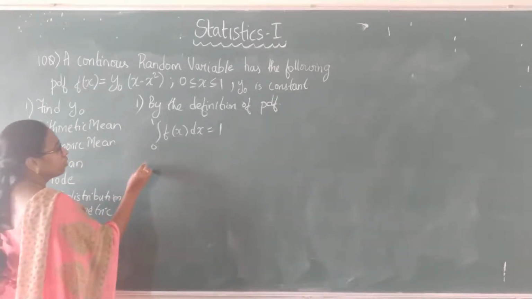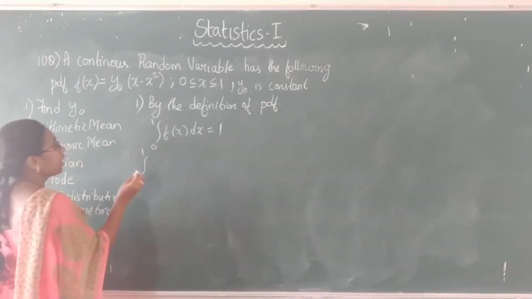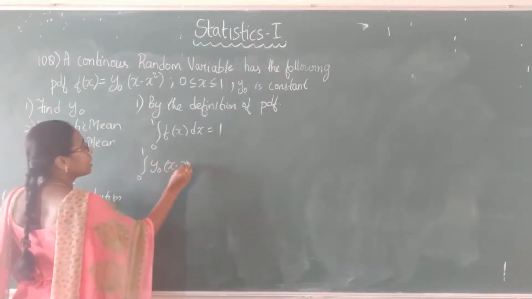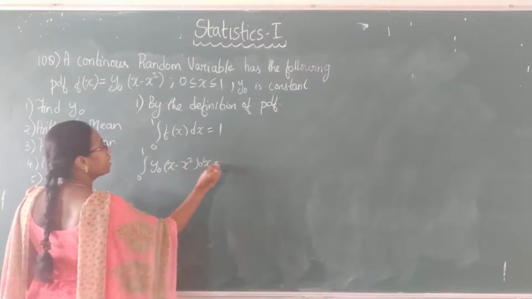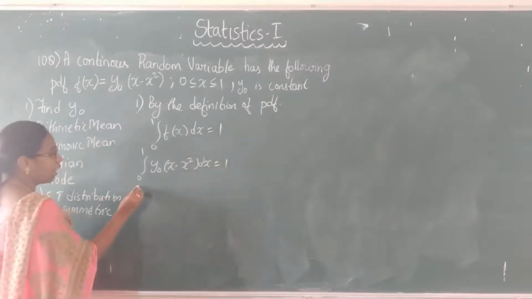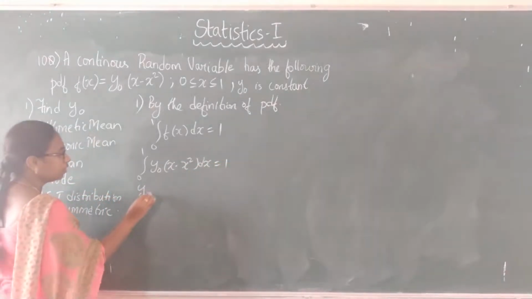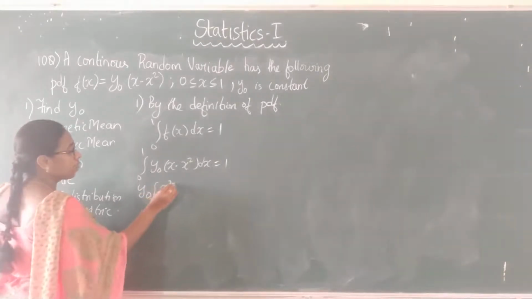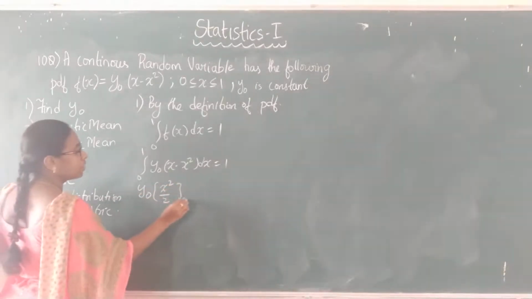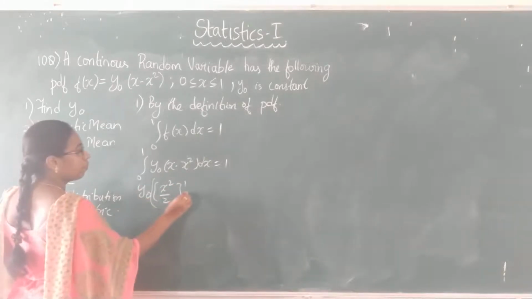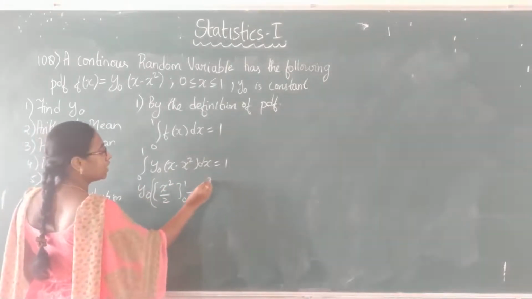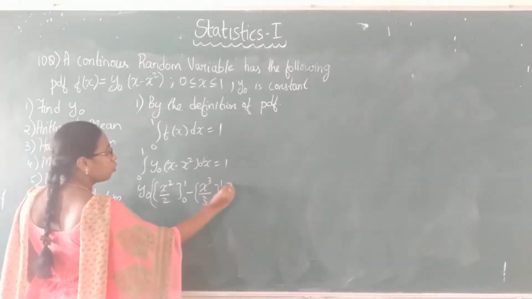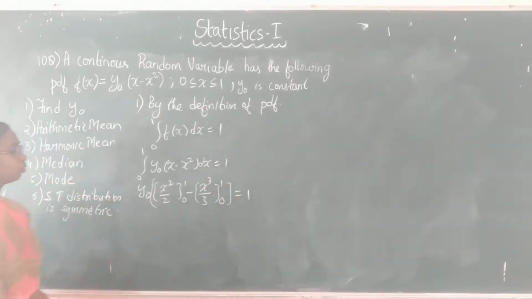Now the integral from 0 to 1 of y naught (x - x²) dx is equal to 1. y naught is constant. The integral of x is x²/2 within the limit 0 to 1, minus the integral of x², which is x³/3 within the limit 0 to 1, equals 1.